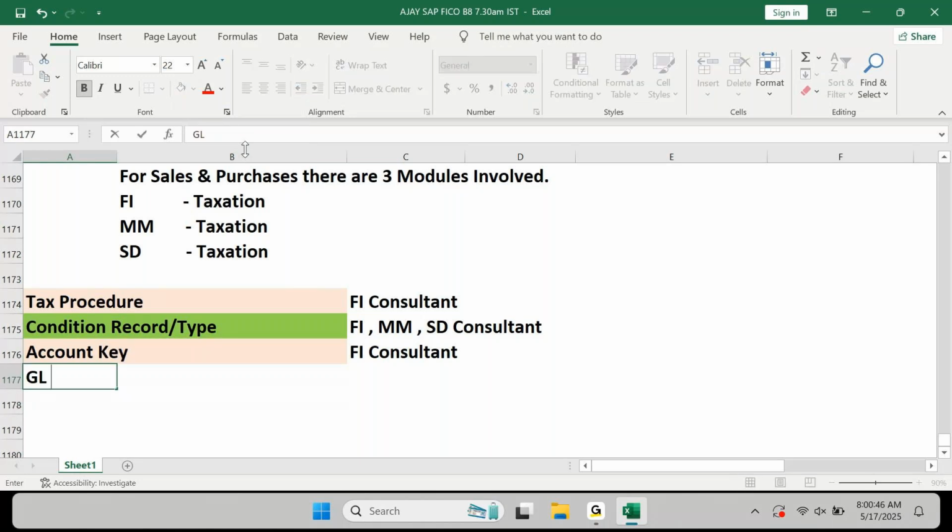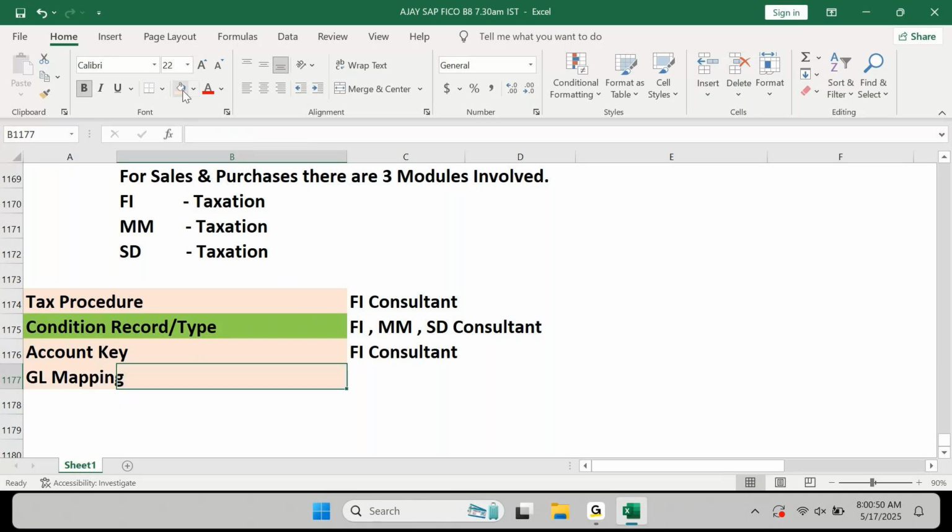Similarly, you have GL mapping. Who will do the GL mapping? FI consultant only. In short, all you require are the key points I'm writing. Tax procedure is created by FI. Account key is created by FI. Account mapping is done by FI. Only for condition record, along with FI, other module consultants also come into the picture.